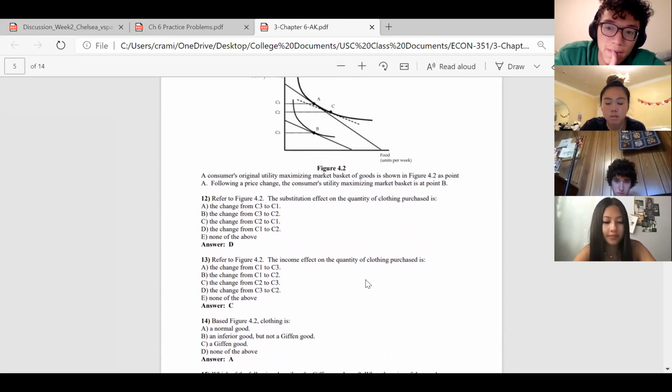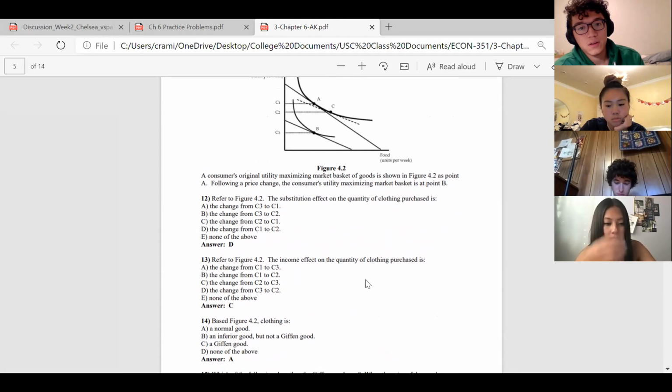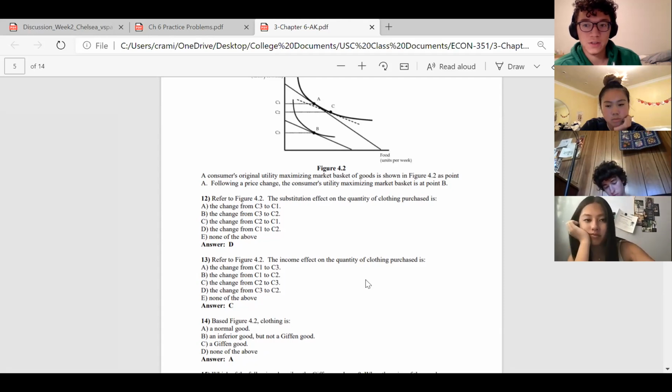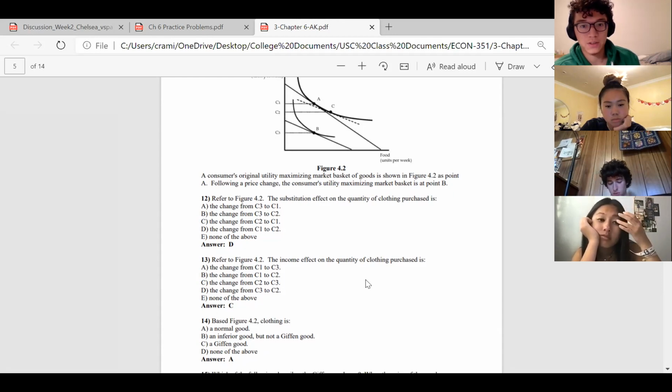I want to say it's a normal good because the quantity didn't really change that much. Because if it were an inferior good, the quantity would have changed because there would have been a difference in the substitution and income effect.